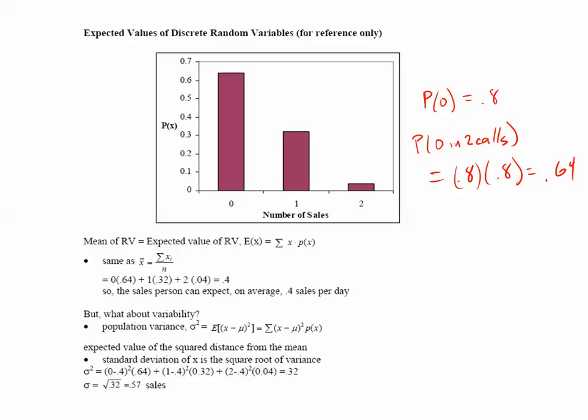Let's ask, what is the probability that the person makes 1 sale? Well, that would mean that the person would not make a sale in the first sales call, 0.8 chance, but they would make a sale in the second, a 20% chance. Plus the probability that they do make a successful sale in the first call times the probability they do not make a successful sale in the second call.